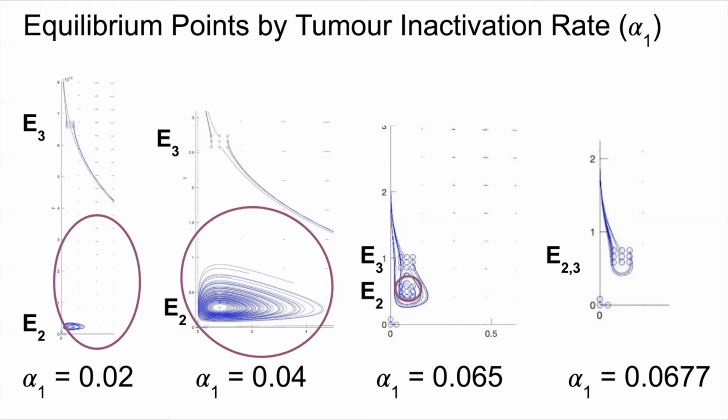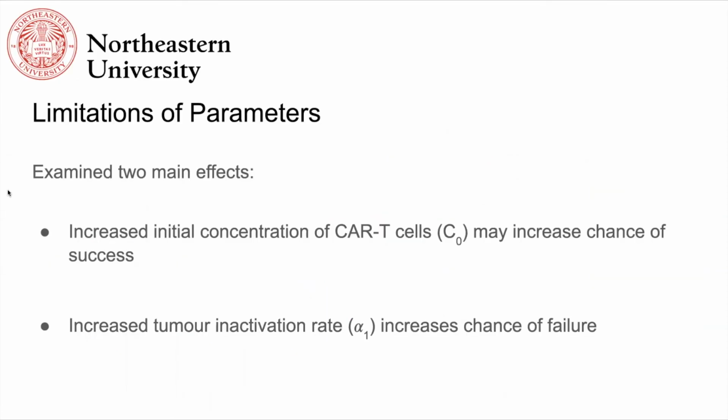Therefore, we can see that we need to ensure a lower tumor inactivation rate in order to even consider addressing relapses in treatment. Overall, we have examined two main effects in the model. First, we saw that an increased concentration of CAR T cells may increase the chance of success. But also, we saw that an increased tumor inactivation rate can lead to failure, and also more rapidly evolving states, which may prevent relapses.